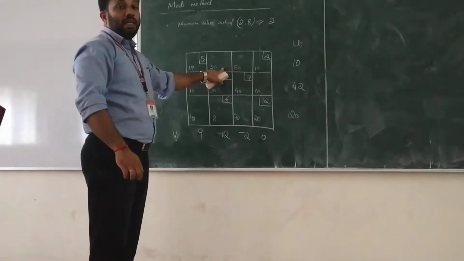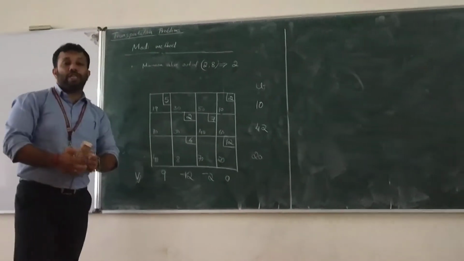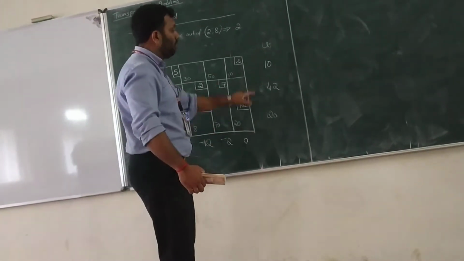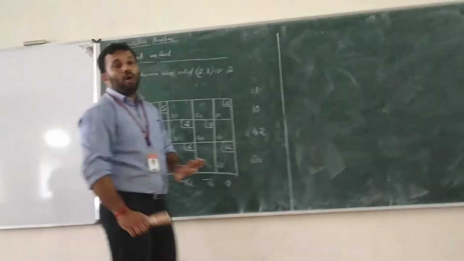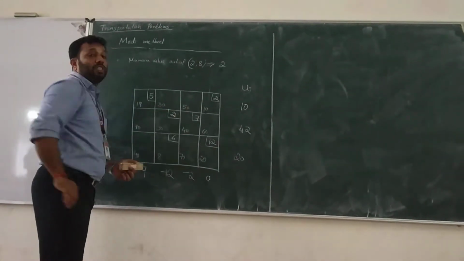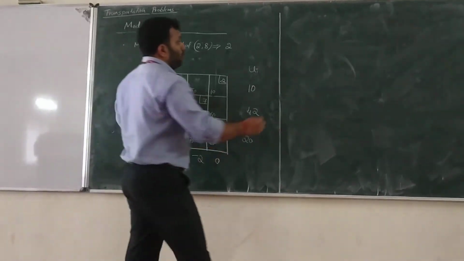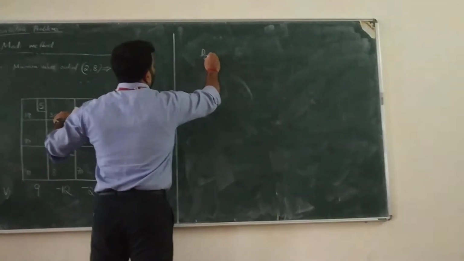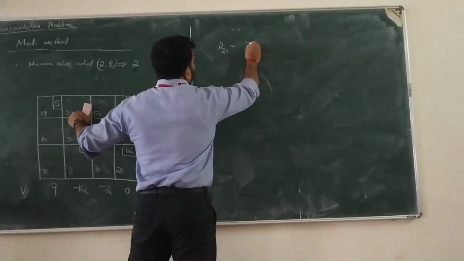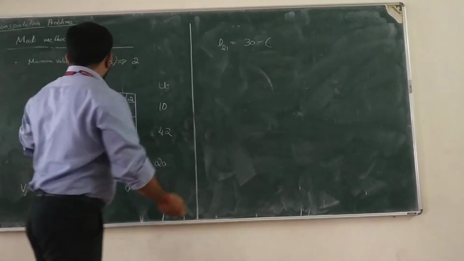Next, we shall find out the opportunity cost. So we have found out the dummy variables 9, minus 12, minus 12, 10, 42 and 20. Now the next task is to find out the opportunity cost in the open cell. So now opportunity cost of this one, this position, it is D21 position. Opportunity cost is Cij value, it is 30, minus Ui plus Vj.